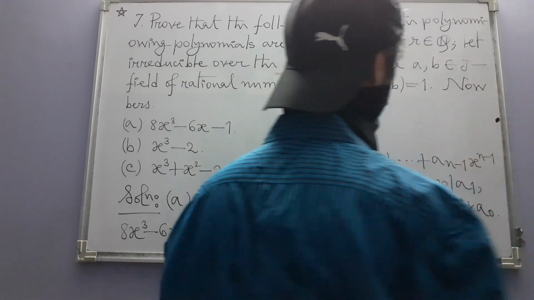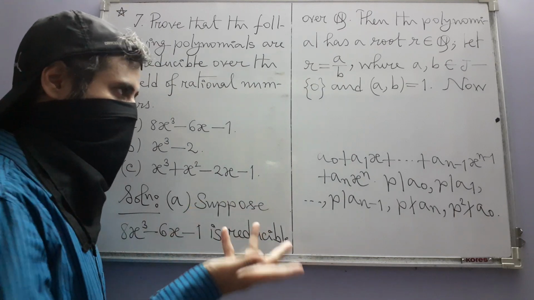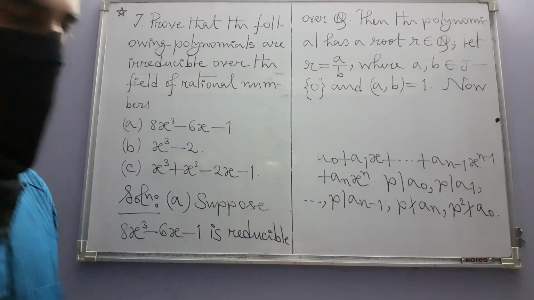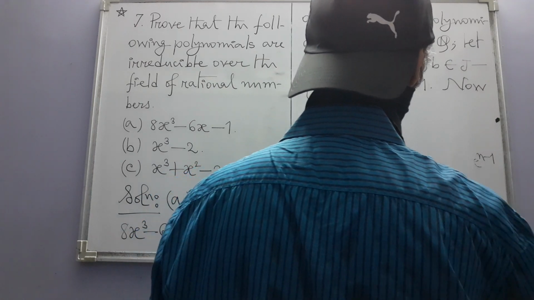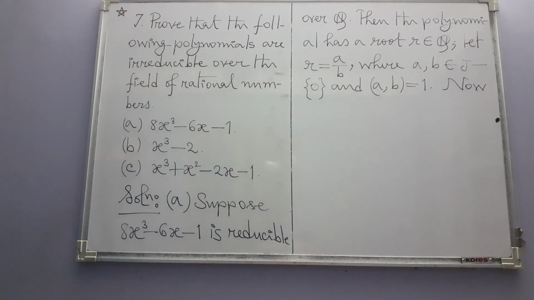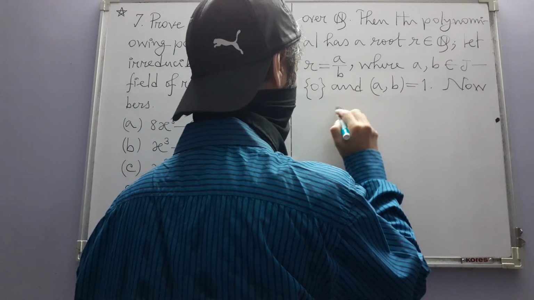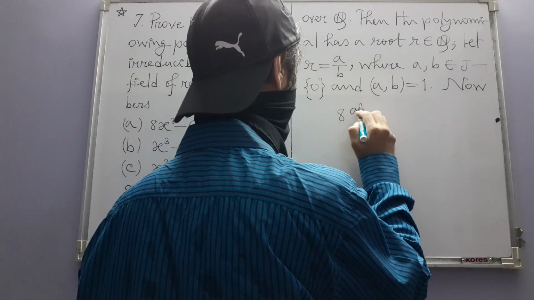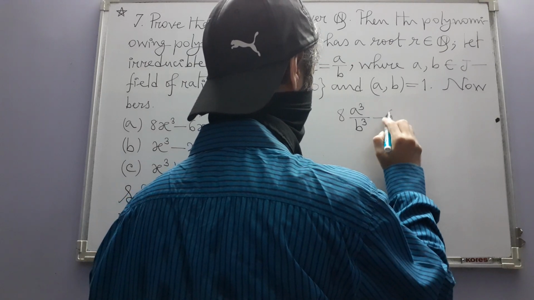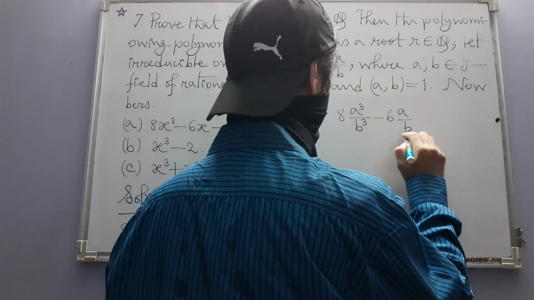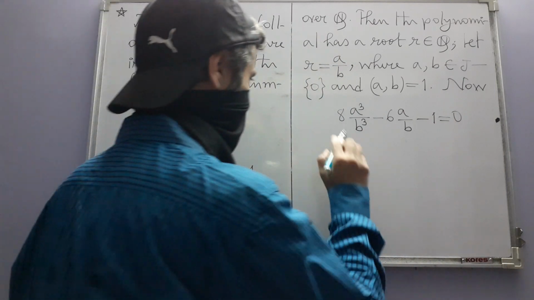Now if you substitute this r, which is a over b, then you will get 0. So from that we are going to get 8 a cube over b cube minus 6a over b minus 1 equal to 0.